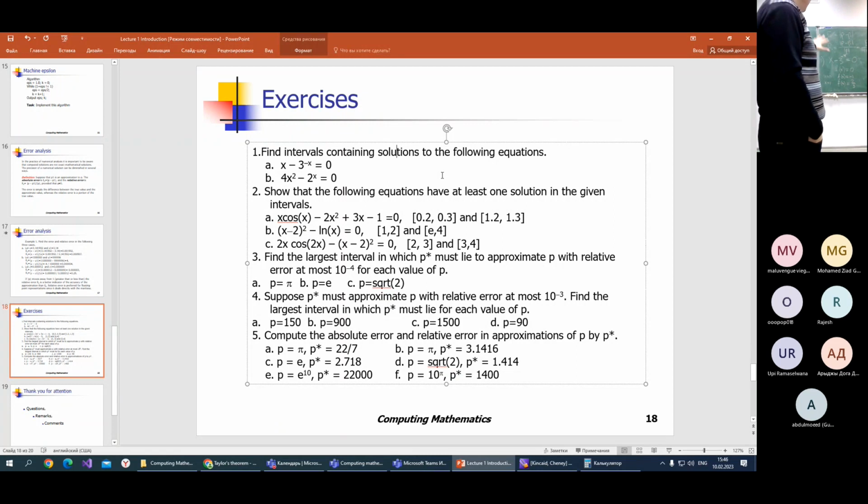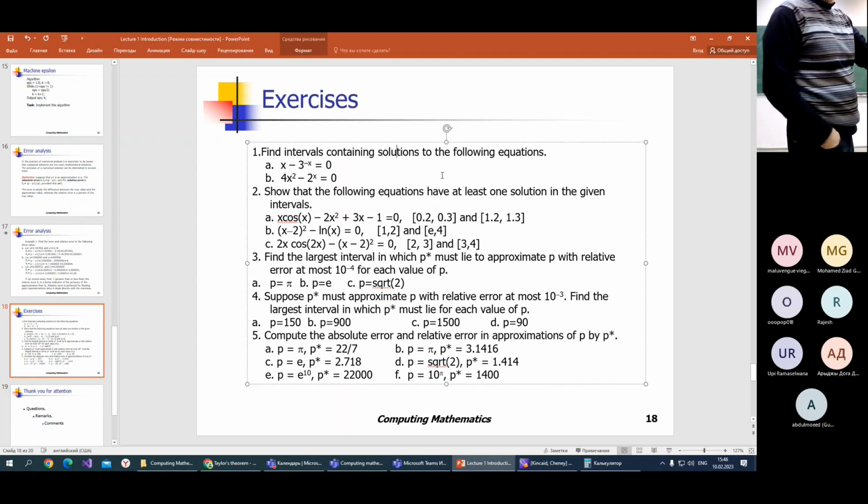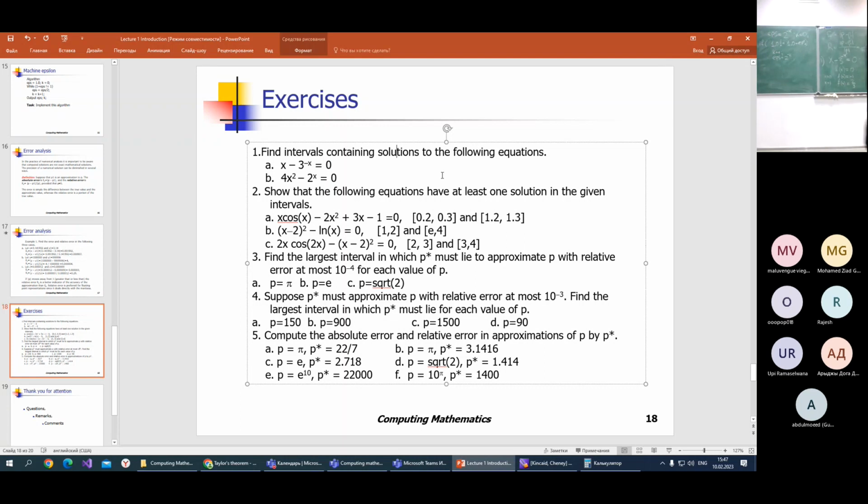Well, we solved task number 1, letter A. Try to solve letter B and exercise number 2. There are three examples, A, B, and C. You can solve just one of them to understand how it works.